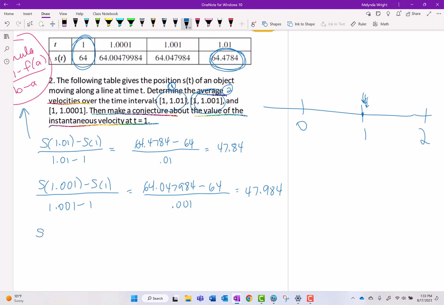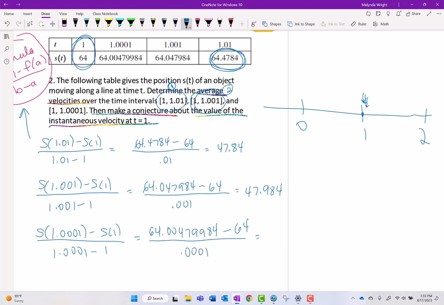So the last scenario is S of 1.0001 minus S of 1 over 1.0001 minus 1, which, writing the numbers off my table, is 64.00479984 minus 64 over 0.0001.